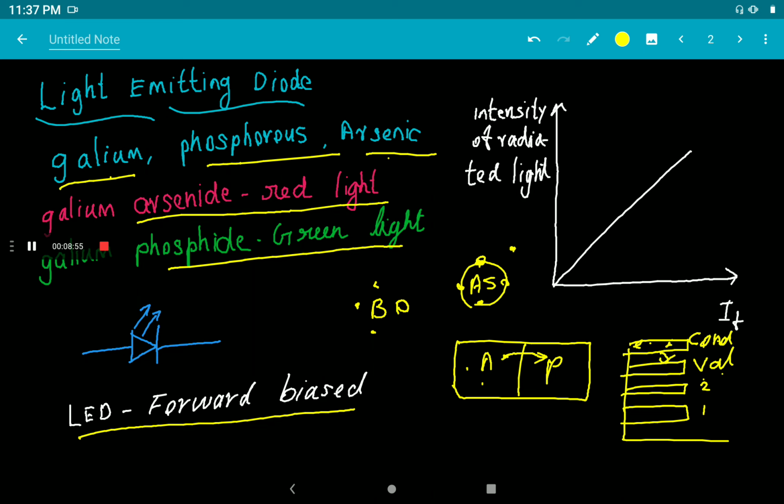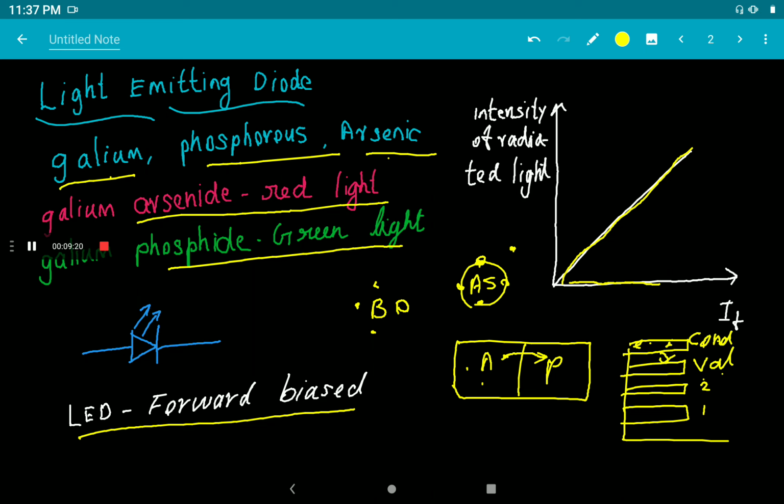So the intensity of radiated light is directly proportional to the forward current of the LED. That means when the forward current increases, the characteristic will be linear.